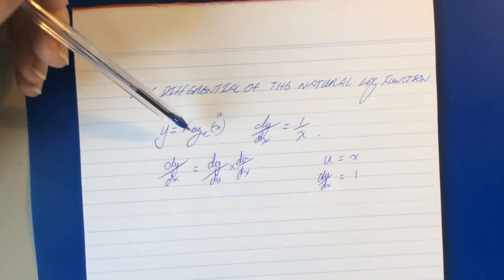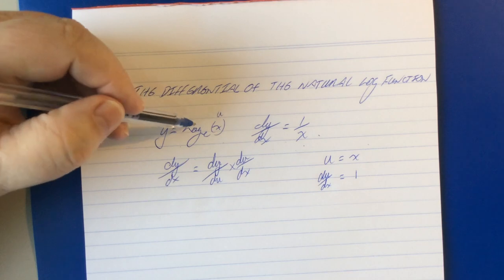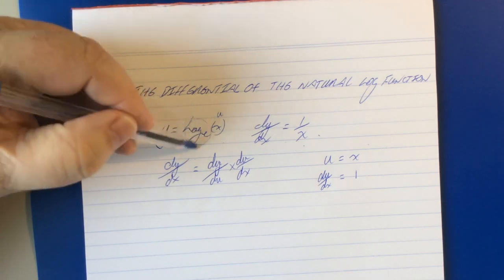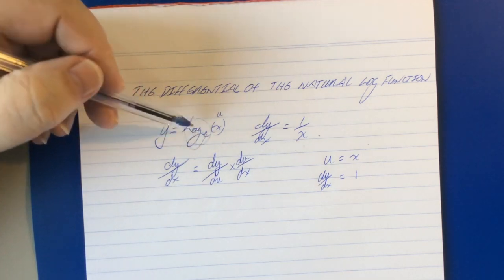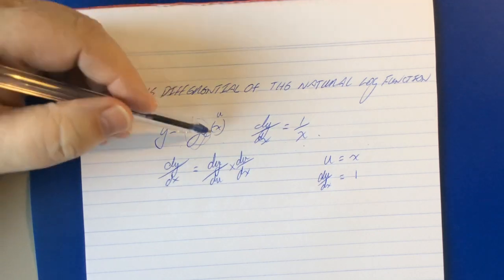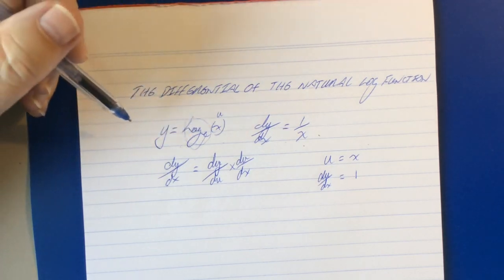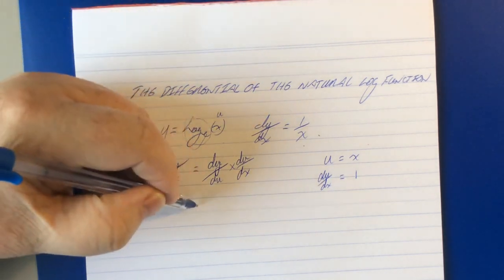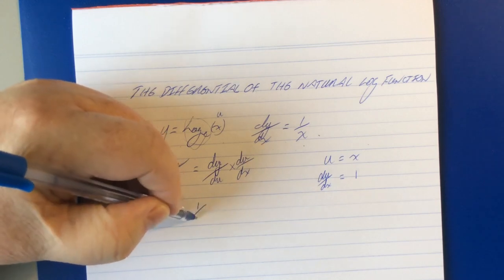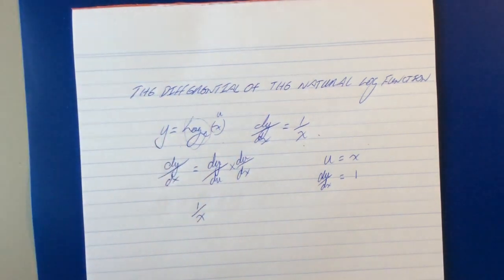Now, what's the differential of this? Well, dy du would be 1 over x.